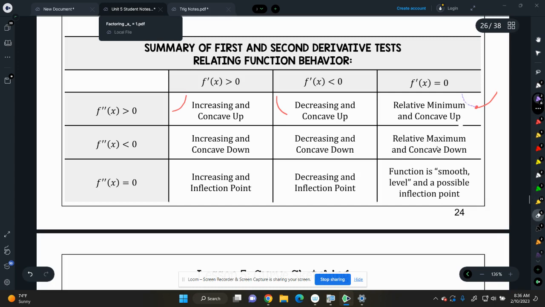Okay, and then increasing and concave down, that's going to look like this. Decreasing and concave down will look like this. And then the same thing, a relative maximum and concave down simply means that this does not continue going up, right?